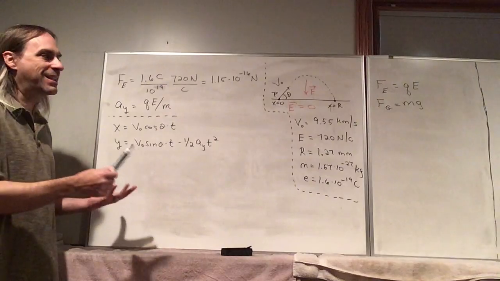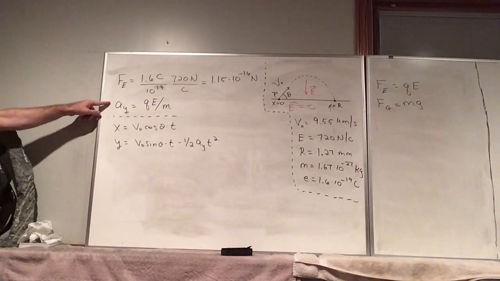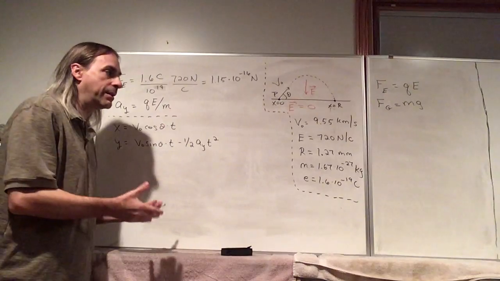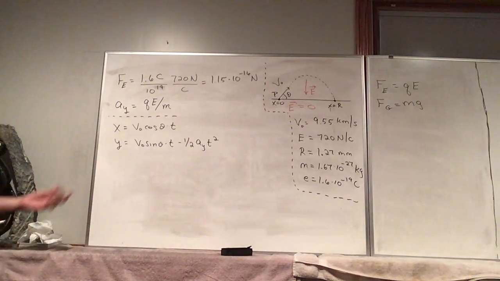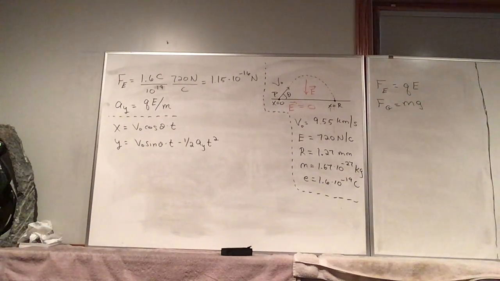This is essentially the same thing, except because we have a constant downward force, just like in that projectile problem, where we have a constant downward force of gravity. Here we have a constant acceleration. The only difference is the value of the acceleration is different in this case. It's a lot greater in this case.